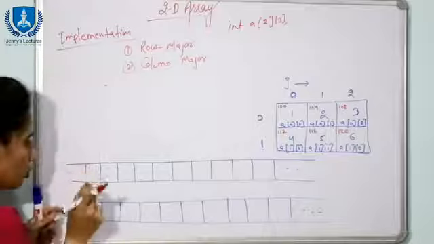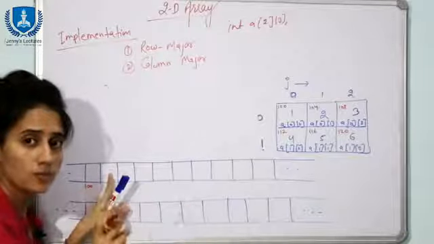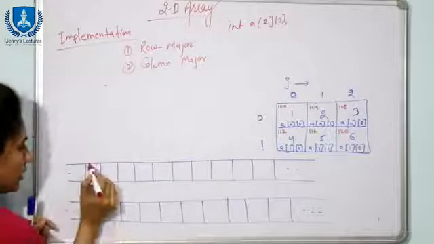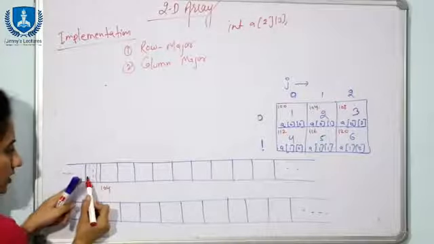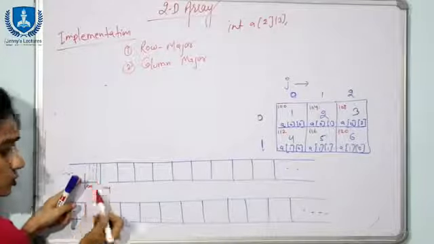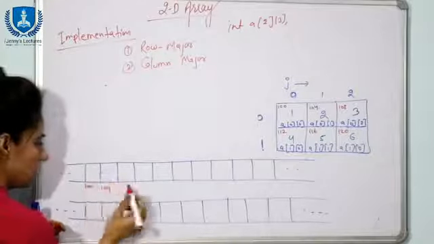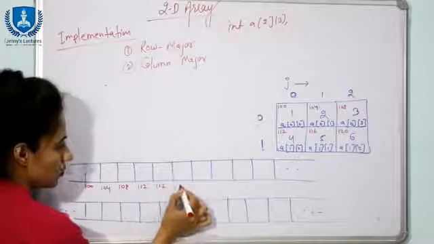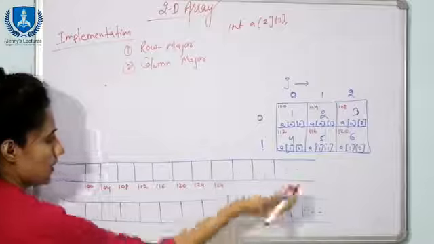So the next address for the next element would be 104, because by default we have these 4 bytes: 100, 101, 102 and 103. But here I am going to represent it like this. So the next addresses would be 108, 112, 116, 120 and 124.